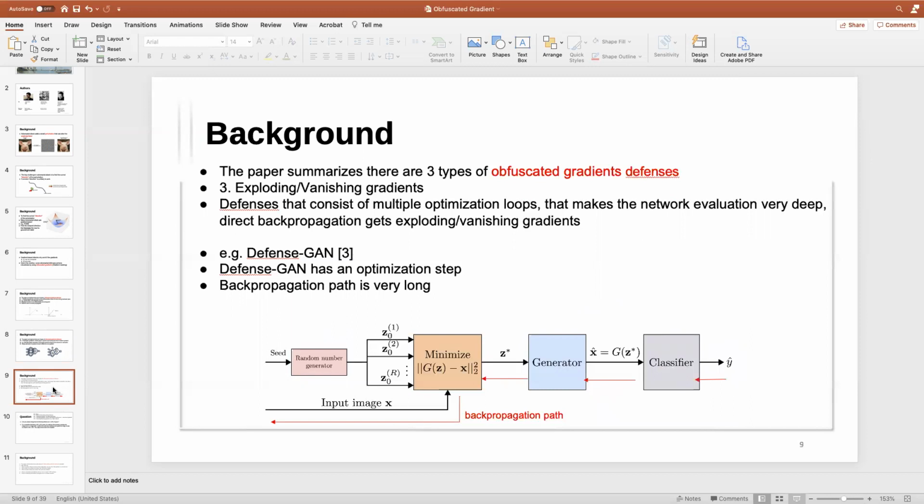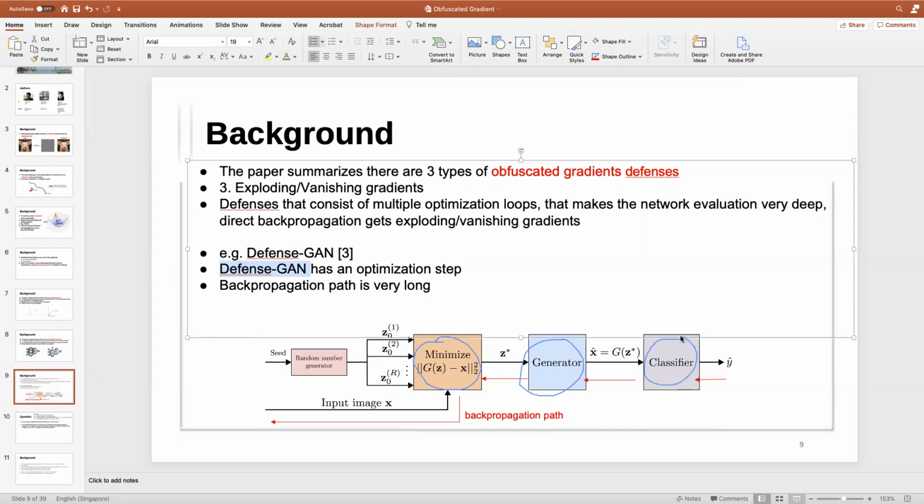For example, here we have a defense network called Defense-GAN. This Defense-GAN has in total three networks: an optimization network, a generator network, and a classification network. If we do the backpropagation in the normal way, the backpropagation path is really long. That makes the gradient either explode or vanish.